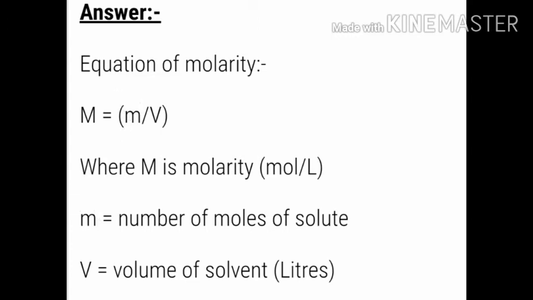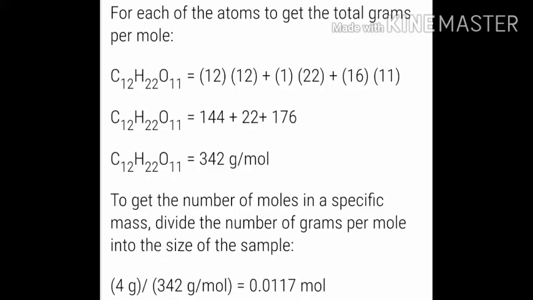So we apply the formula 4 gram upon 342 gram, because we have to find the number of moles, and we know that the number of moles is found by given mass upon molar mass. The molar mass of sugar is 342 gram. So 4 gram is the given mass of sugar upon 342, and we get the mole, that is 0.0117 mole.